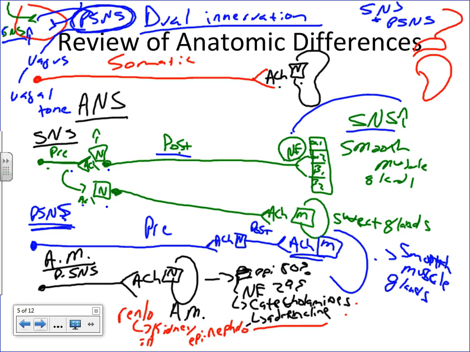And then these preganglionic sympathetic neurons will innervate the adrenal gland just superior to the kidneys. So keep this in mind: these basic anatomic and chemical differences between the parasympathetic and sympathetic nervous systems, and also between the somatic motor divisions of the nervous system and the autonomic nervous system.